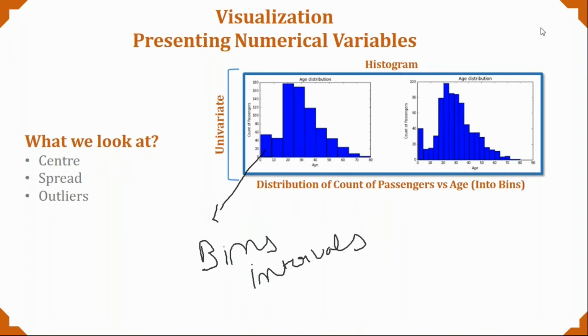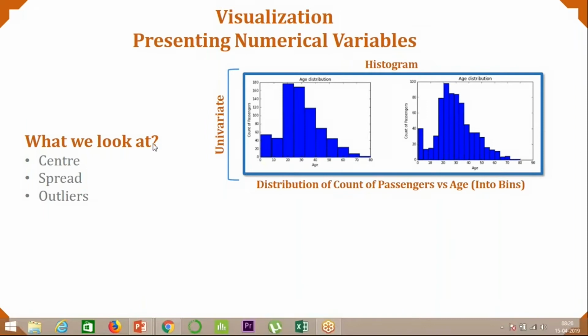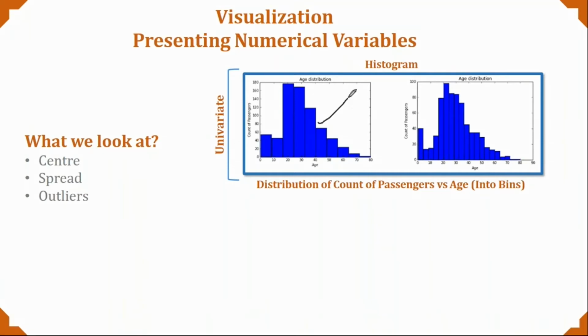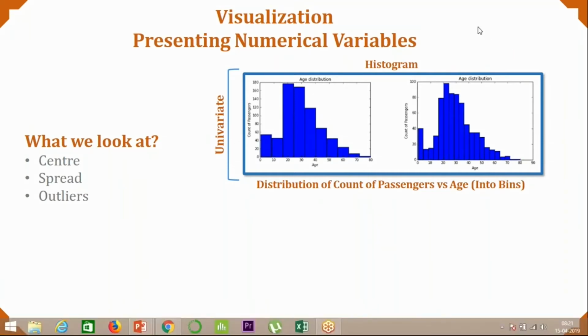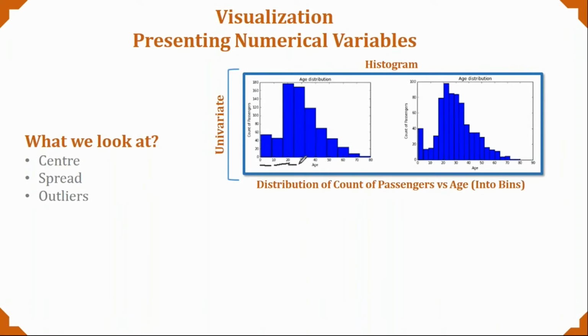So if you have data from 0 to 100, it will divide the whole continuous variable into specific intervals. If you look at the chart, it has divided the age group into 0 to 10, 10 to 20, 20 to 30, 30 to 40, and so on.